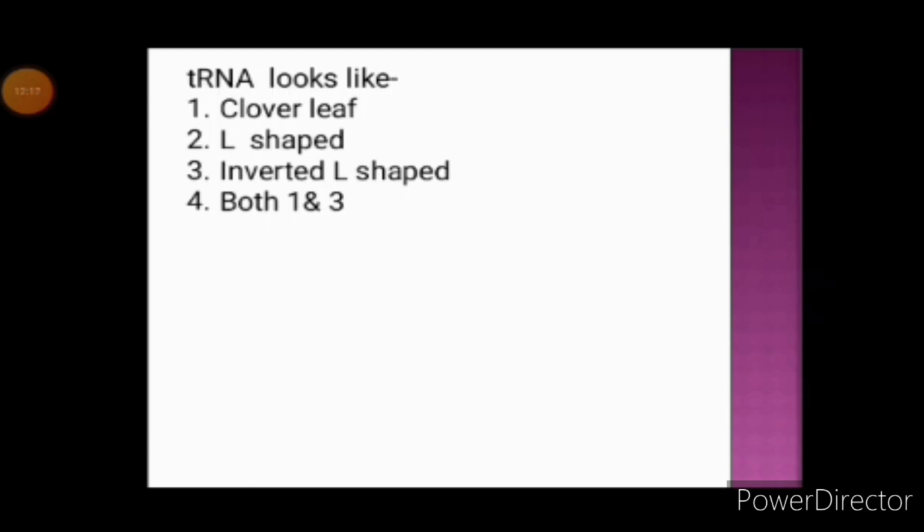Next question. tRNA looks like: option 1, clover leaf; option 2, L-shaped; option 3, inverted L-shaped; option 4, both 1 and 3. And the correct answer is option 4, both 1 and 3.